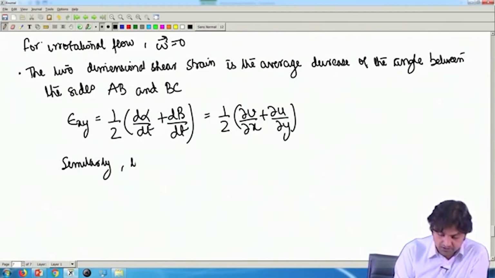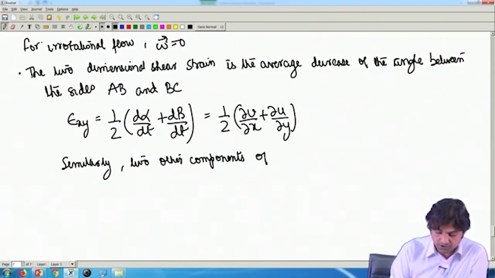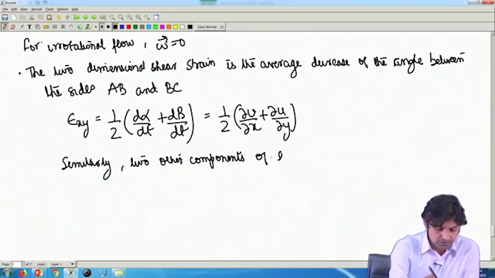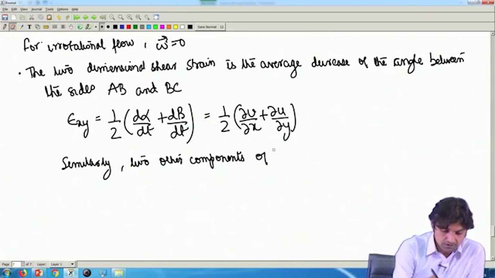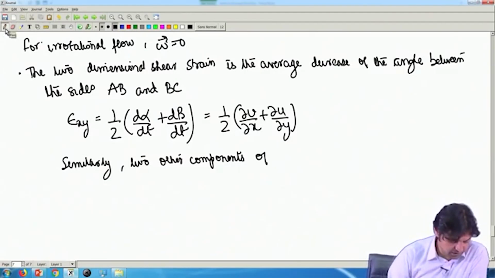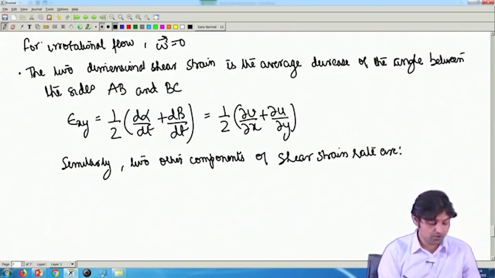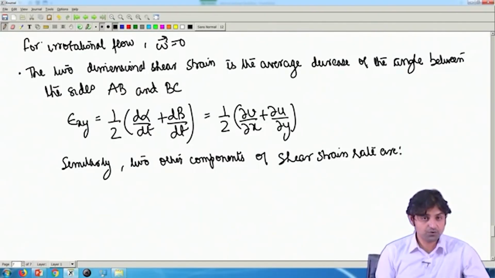Similarly, the two other components of this, which is actually the shear strain rate. Using the analogy, epsilon xy we already wrote.